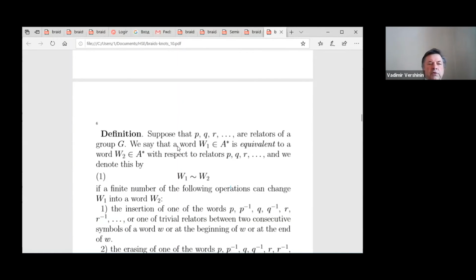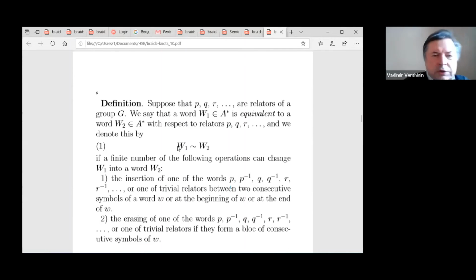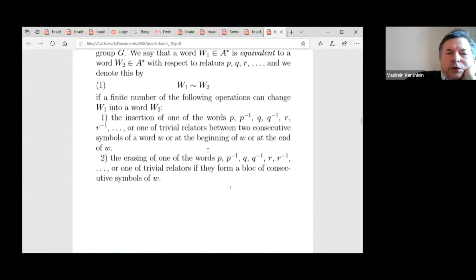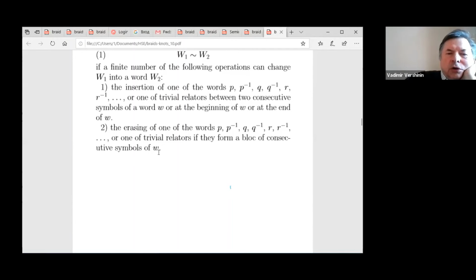So two words W1 and W2 in the language are called equivalent with respect to the relators fixed before, if you can make an insertion of a relator or its inverse, or erase them.